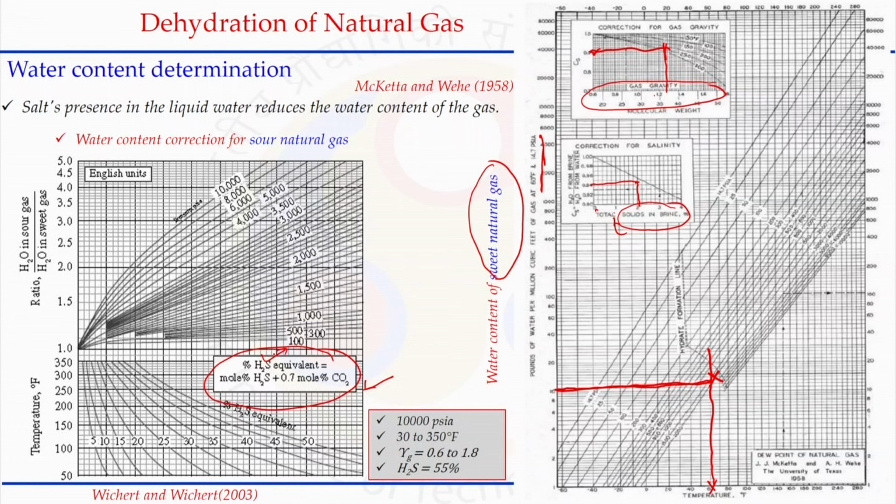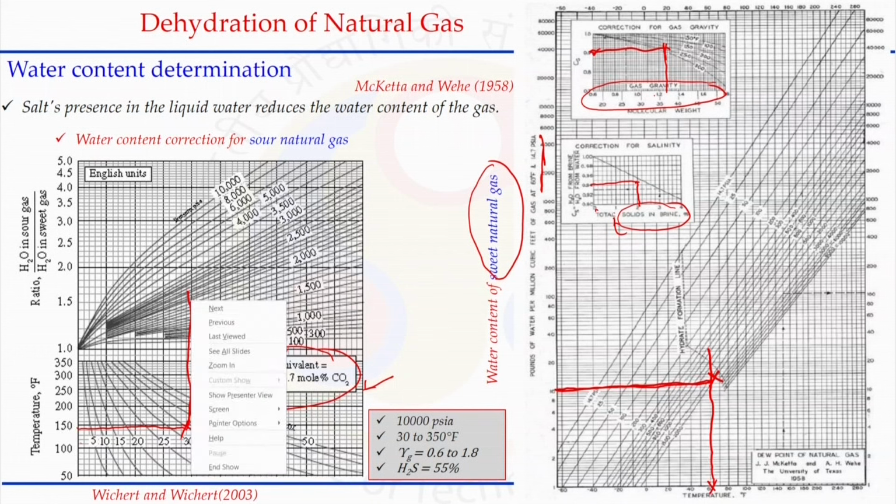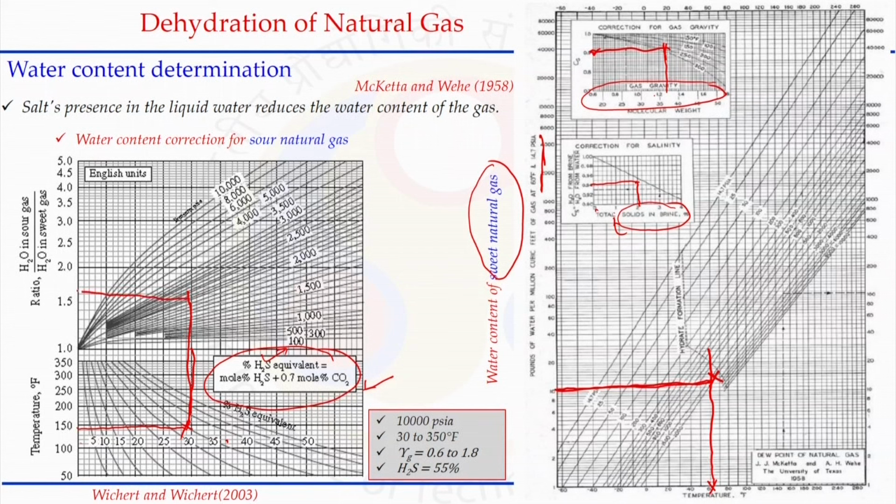And once we know that percent, we can see that percent and at what temperature our gas is. So, for example, that percent is just 35 and our gas is at 150 degree Fahrenheit, we can see it here. From there we can go vertically up and see the line of pressure, let us say 2000 psi, and from here on the y axis we can read the ratio, that is H2O in sour gas divided by H2O in sweet gas.